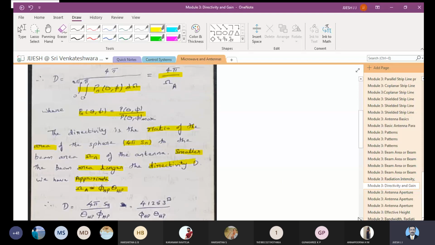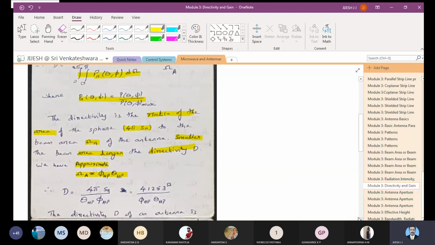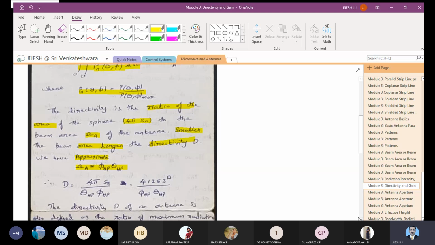So that is D is equal to 4 pi steradian divided by theta half power phi half power, or you can write it as 41,253 square degrees divided by theta half power phi half power. This is the approximate value of D. This is not the exact equation for D. The exact equation is 4 pi divided by omega A. This will get the approximate value for D.